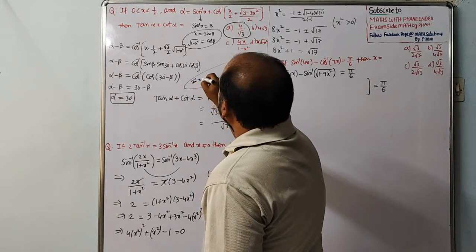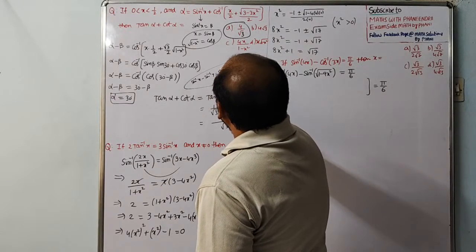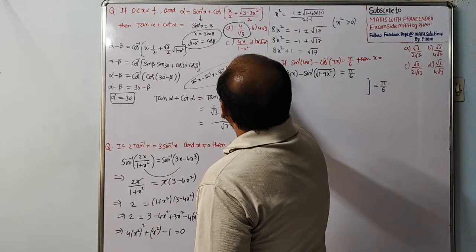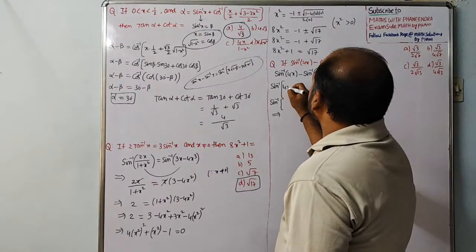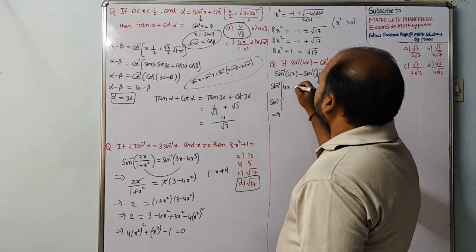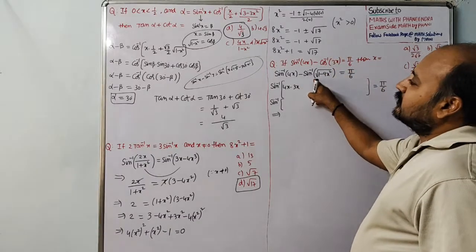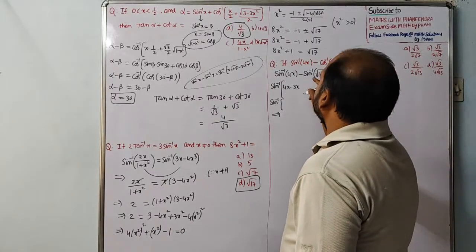Sin inverse x minus sin inverse y equal to sin inverse of x into root of 1 minus y square minus y into root of 1 minus x square. This is the formula. So x means 4x. Root of 1 minus 3x will come here, students. Root of 1 minus 9x square, the root and square cancel, root 9x square means 3x.